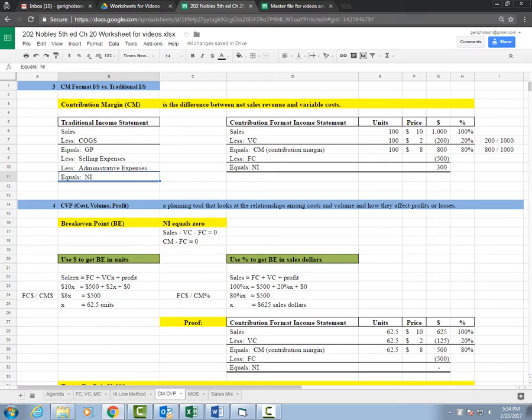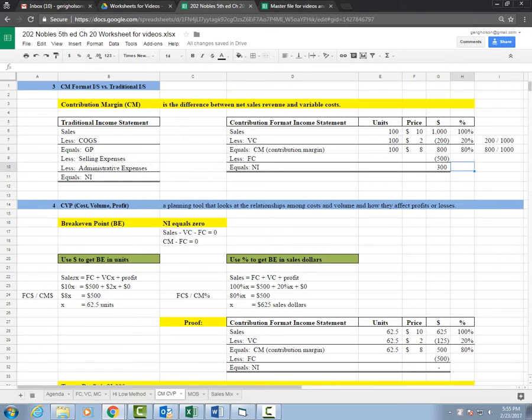So for the contribution format income statement, we're going to take sales minus variable cost equals contribution margin minus fixed cost equals net income. So I've learned over the years that if I take the time to prepare my contribution format income statement with a column for units, a column for price, a column for dollars, and a column for percentages, then I am less likely to make a mistake.